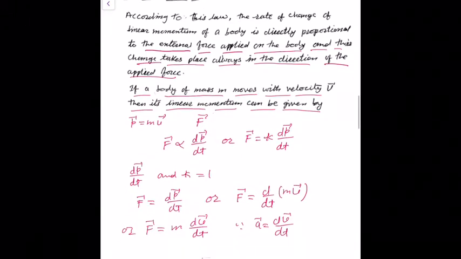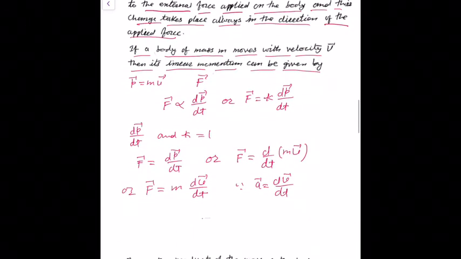Here it is the acceleration produced in the body. Therefore F vector is equal to m a vector.